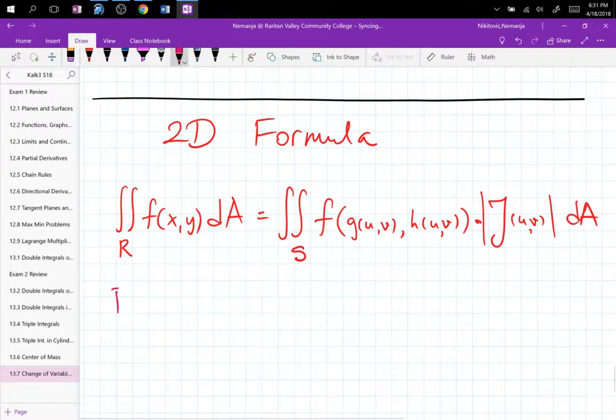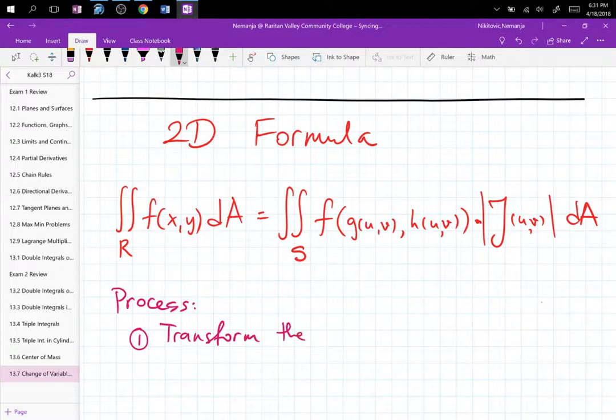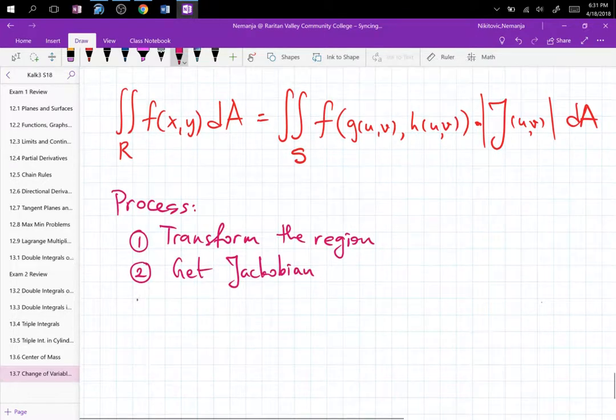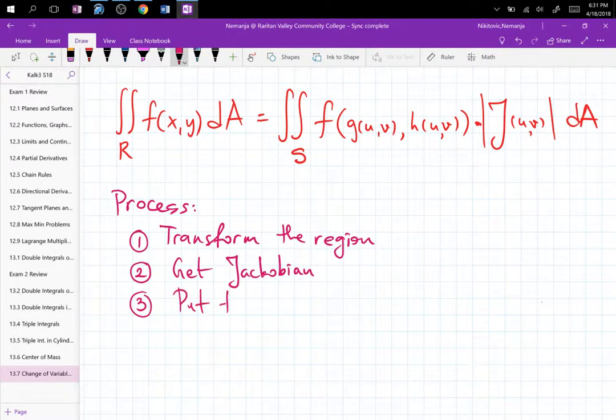Let's write the process. Number 1, transform the region. Number 2, get the Jacobian. Number 3, put the new integral together.